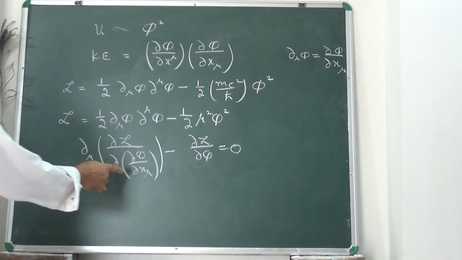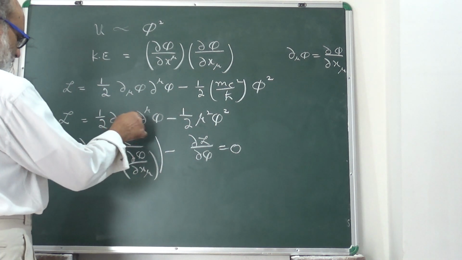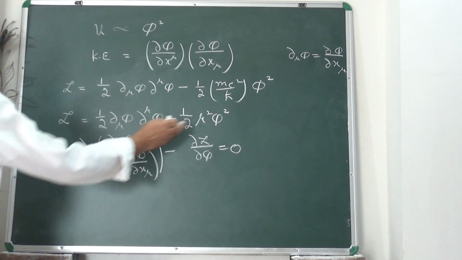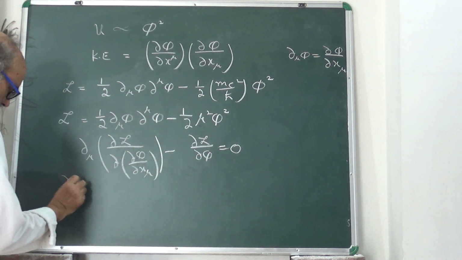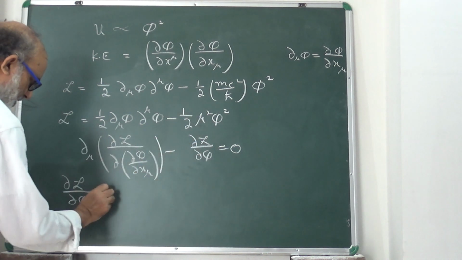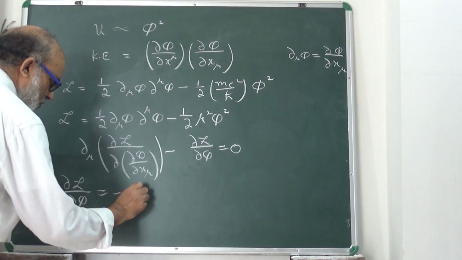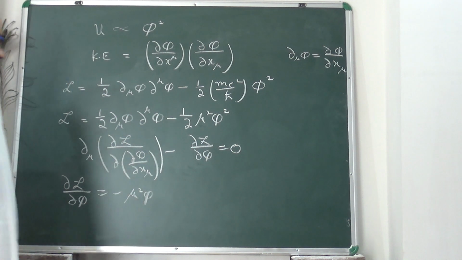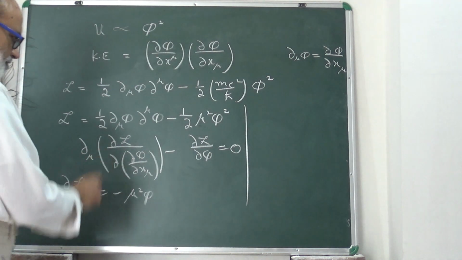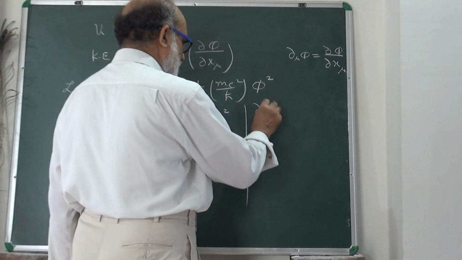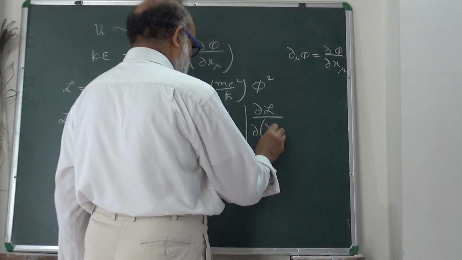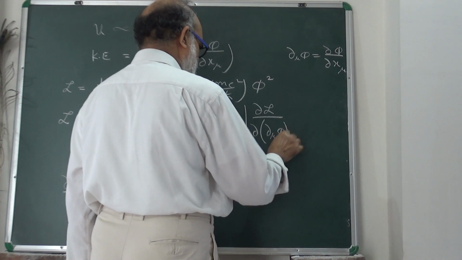If you substitute here, first work out this one, differentiating with respect to phi. This will give you minus mu square phi. Then this one, del L by del of del mu phi.